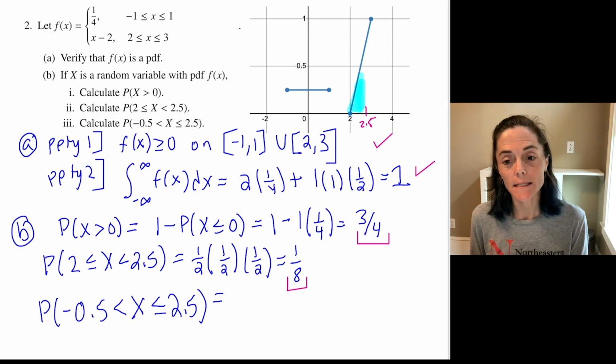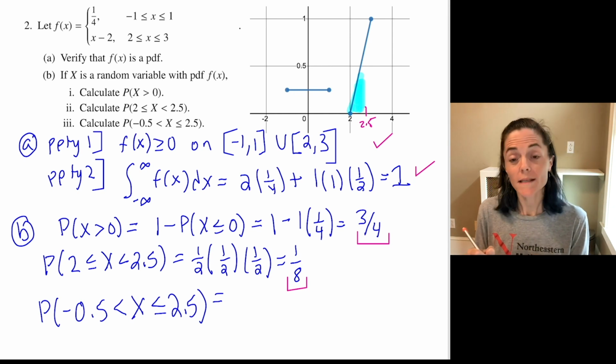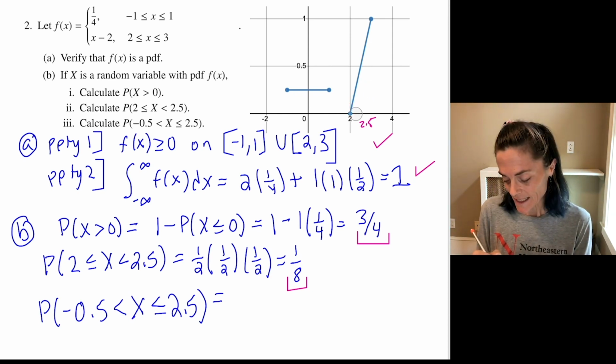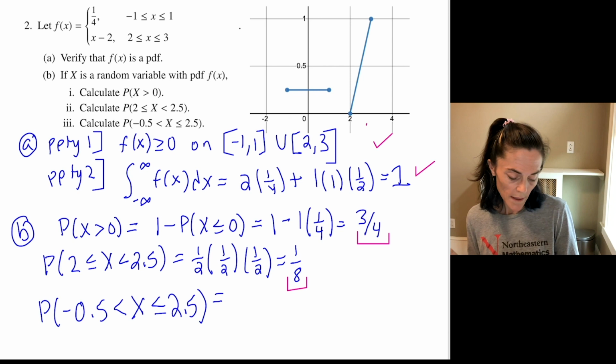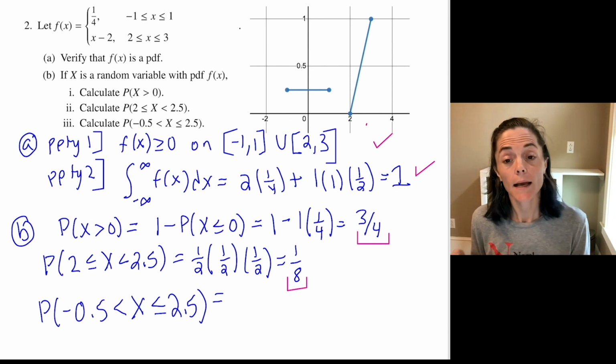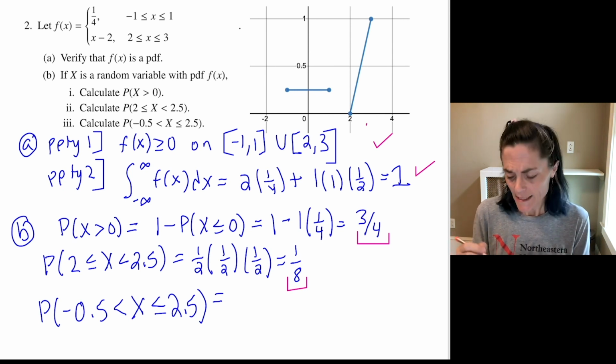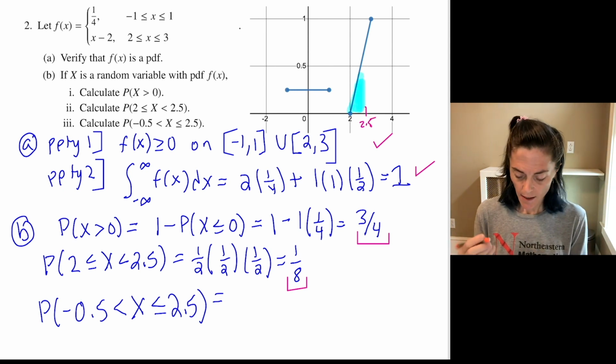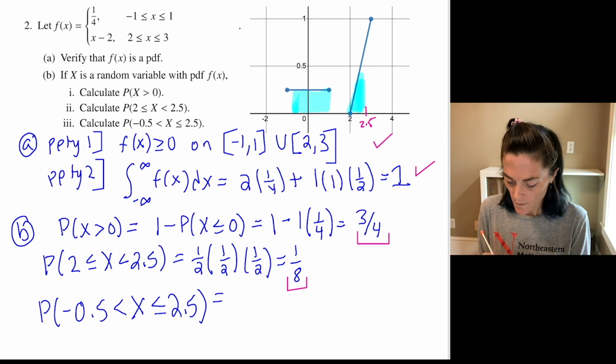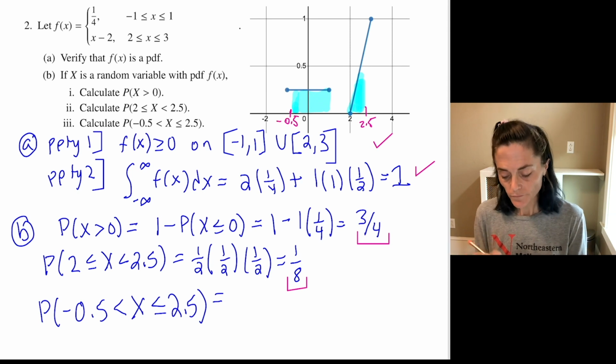Last part of this number 2, let me once again erase my shading. We want the probability that X is bigger than -0.5 and less than or equal to 2.5. Well, actually, let me put back my shading because I want part of that, but then I need a little bit more here. If this is, say, minus 0.5.